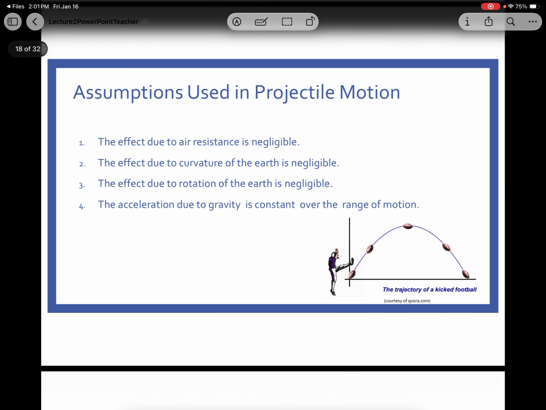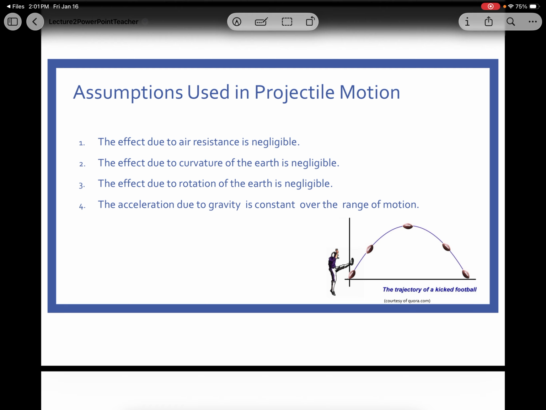Again, with this approximation, we're ignoring air resistance, curvature of the Earth, rotation of the Earth, and the acceleration of gravity is constant over the range of motion, which are fairly reasonable assumptions, again, over short distances.